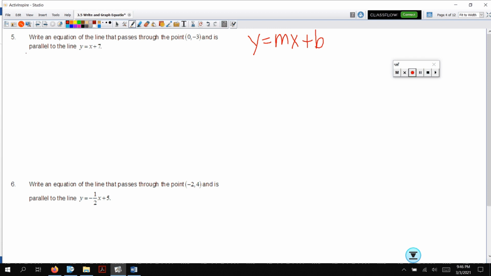And it's parallel to this line. So you need to think about what is the slope of this line. And you're going to use that slope and this point, and you're going to plug in to this equation here. Y, m, and x, and find b.